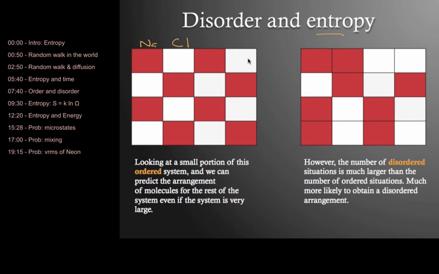But if we have a system that is not so ordered and crystalline, maybe we have a glass that looks like this and things are a bit more disordered, then we would not be able to predict, this element over here, is this going to be a sodium or a chlorine ion? We don't know, based on what we've seen over here, like we would for this crystal. So, two things here. One is that we can't make these predictions because there's this disorder in the system.